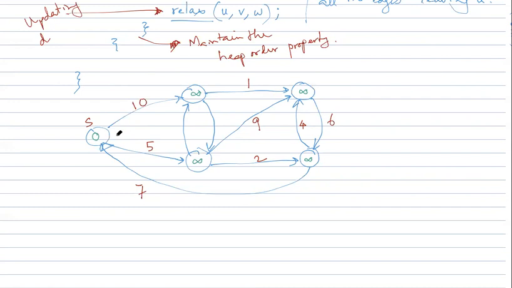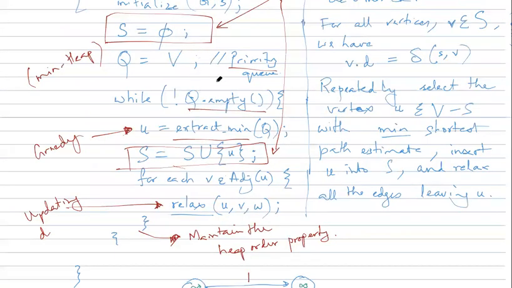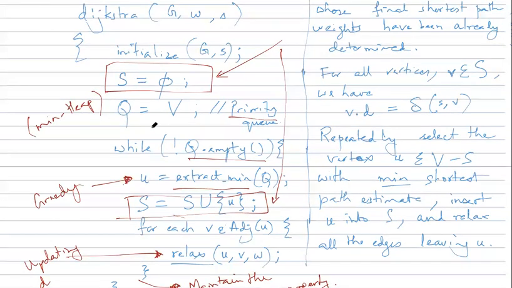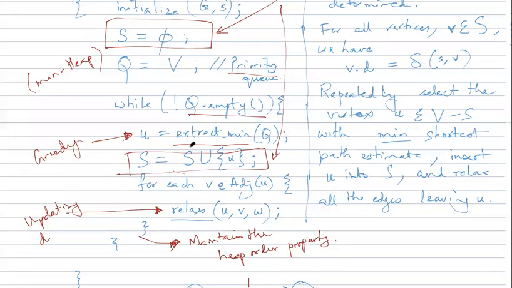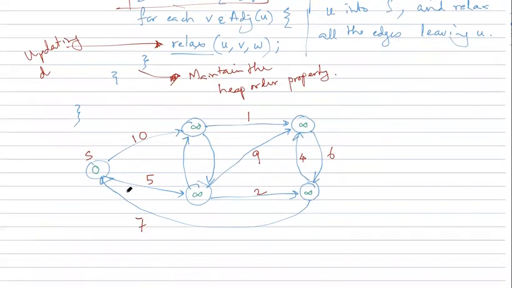Okay. So now what is the first step here? We have added everything into the priority queue and we are extracting the minimum value node. So what is the minimum value node that it's going to extract here? Which one has the minimum value? You tell me.